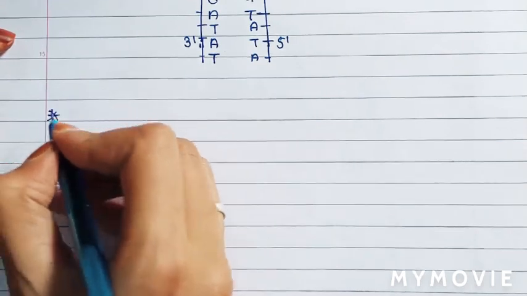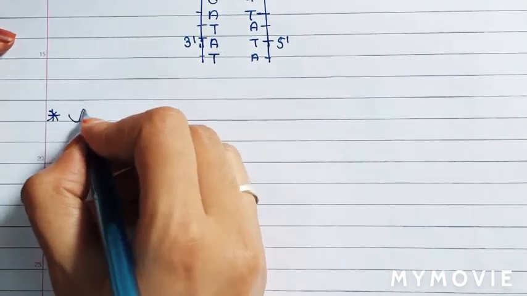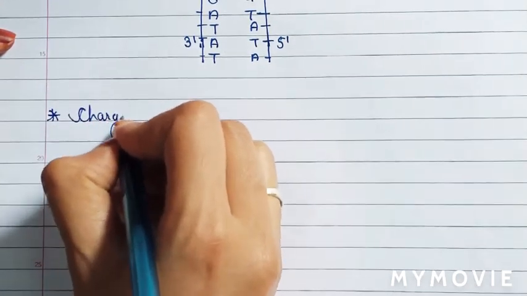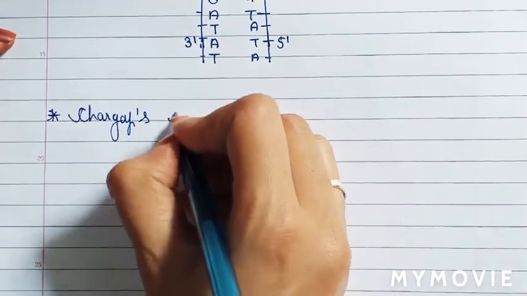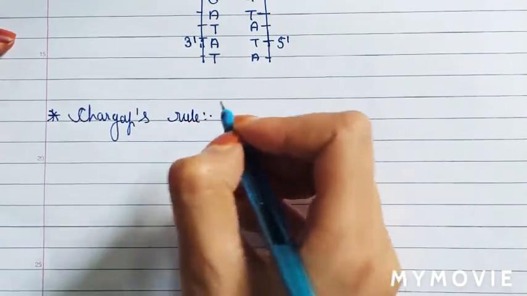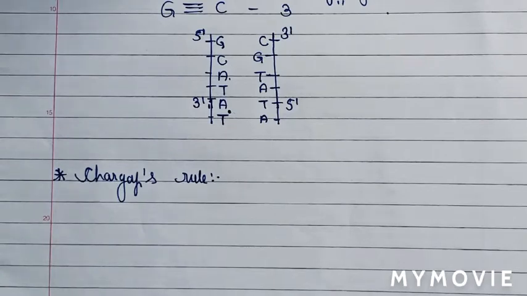Now we will see Chargaff's rule. According to Chargaff, in DNA strands adenine is equal to thymine and cytosine is equal to guanine. It means the number of adenine in the DNA strand is equal to the number of thymine, and the number of cytosine is equal to the number of guanine.